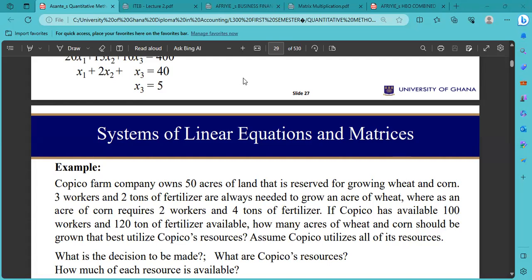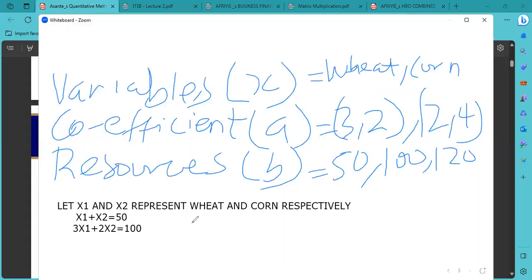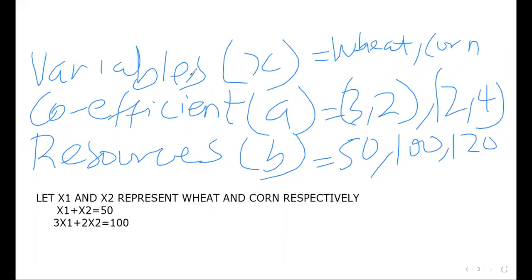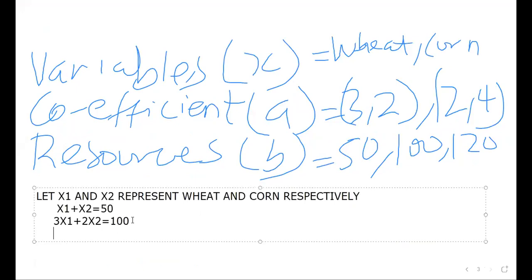So it will be 2x1 plus 4x2 is equal to 120.